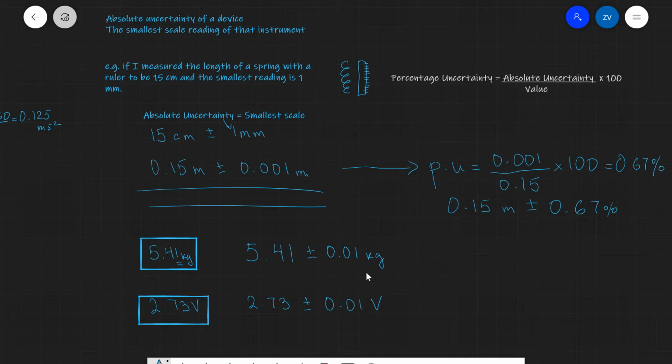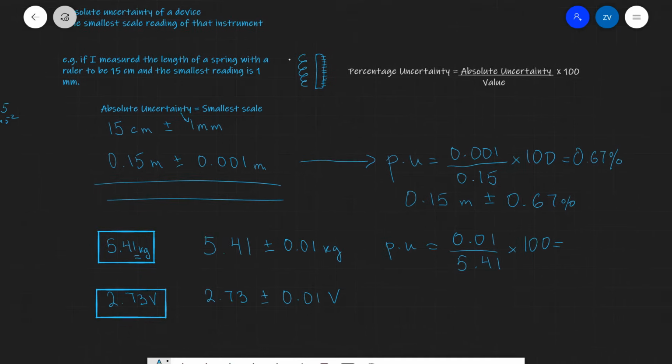Let's do another example. So the percentage uncertainty in the case below is going to be 0.01 kilogram. This is our absolute uncertainty. We're going to divide that by our value, 5.41, and then we're going to multiply by 100. And if we do that, we are going to get 0.18%.